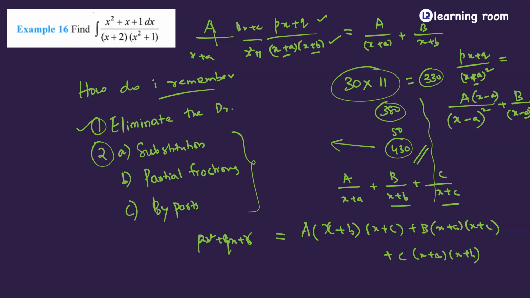How do we find the value of b? So a plus b is equal to 1. B is equal to 1 minus 3 by 5. So 2 by 5 should be the answer.